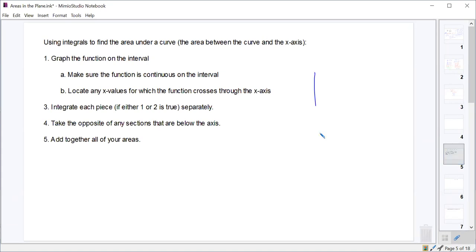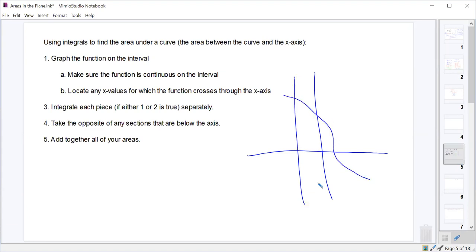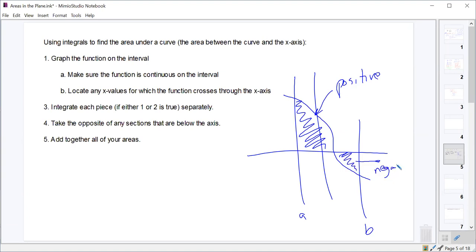So for example, if I have a function like this, and I say find the area between here and here, you can't just integrate from a to b, because this area will be positive, and this value will be negative when you take the integral. And so part of the positive will cancel out with part of the negative.